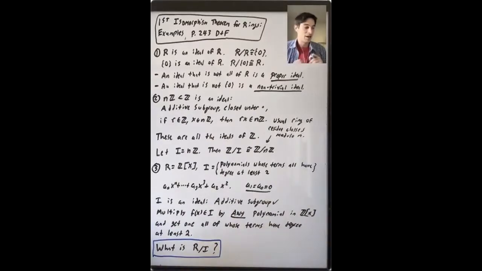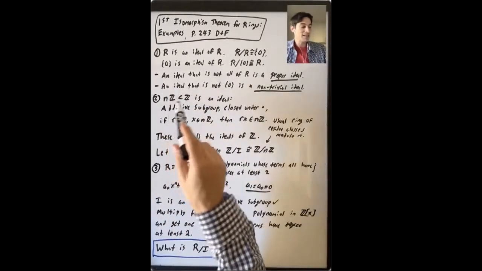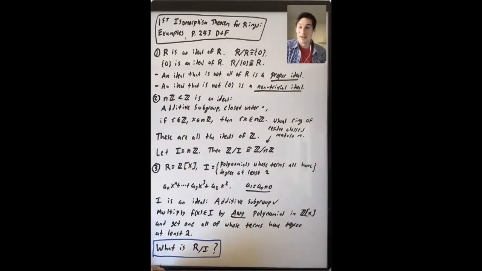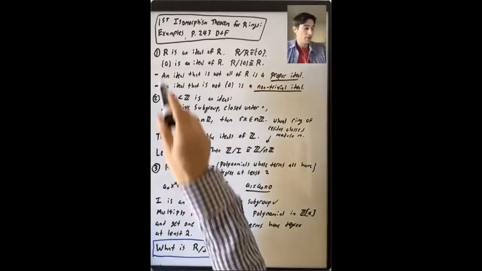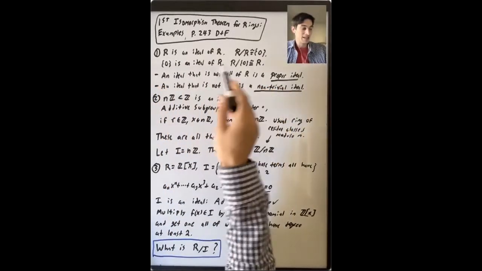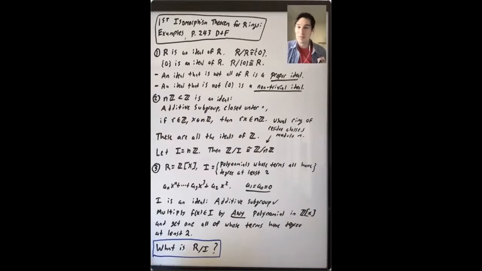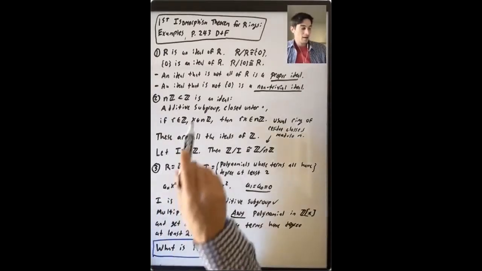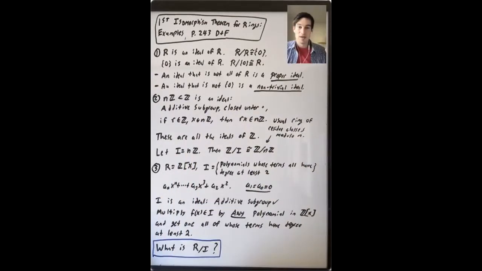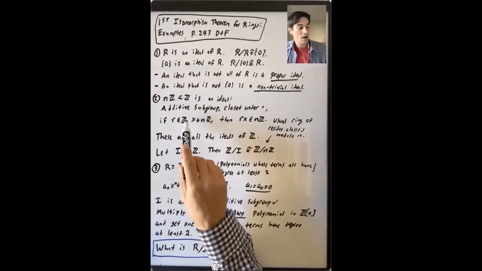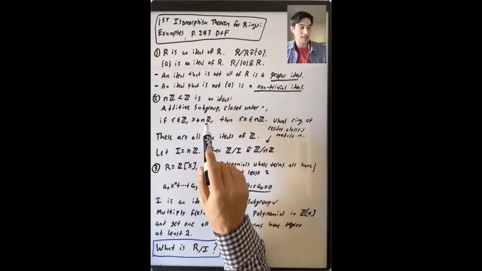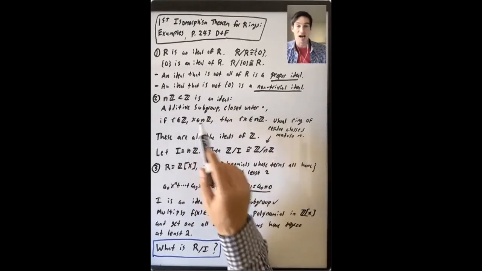All right, let's look at another example. Let's take nZ, a subset of Z, where n is some integer. It could be 0, and then you would get the trivial ideal, but it could be anything else. This is an additive subgroup. It's also easy to check that it's closed under multiplication, but even more is true, that if r is any integer and x is in nZ, that means x is n times something.